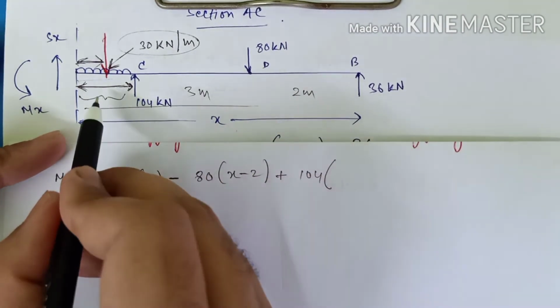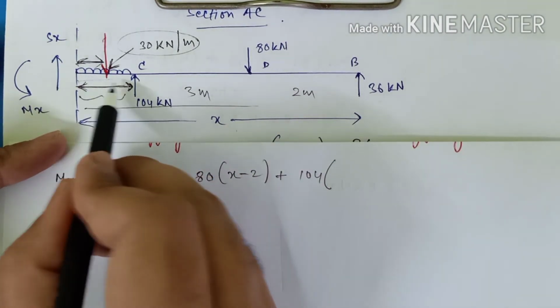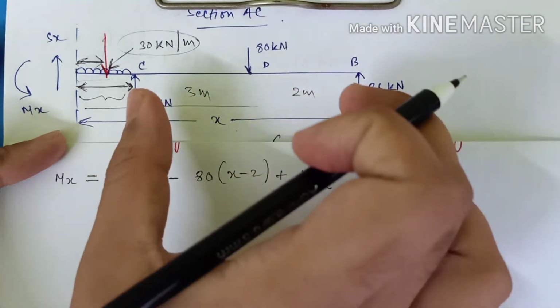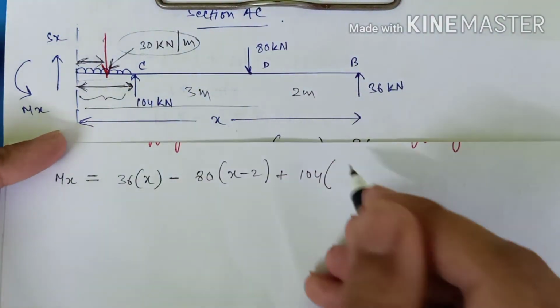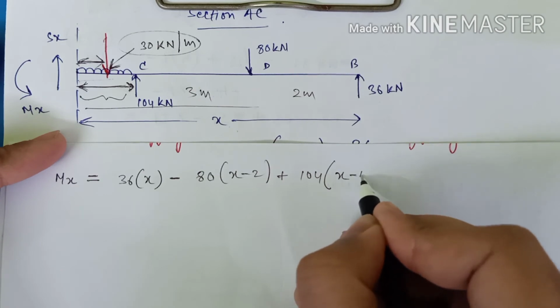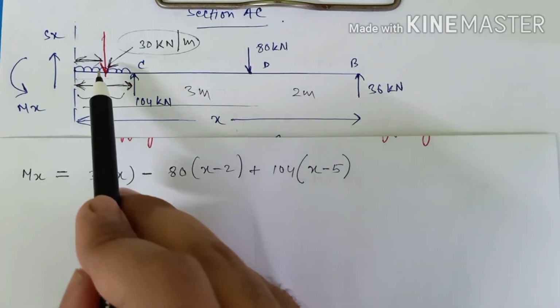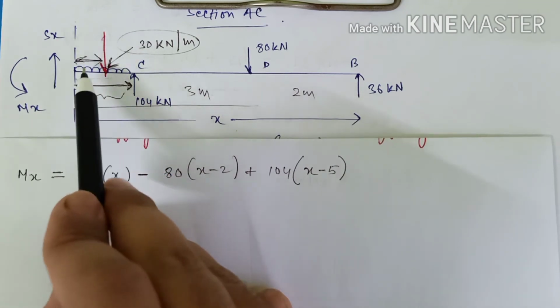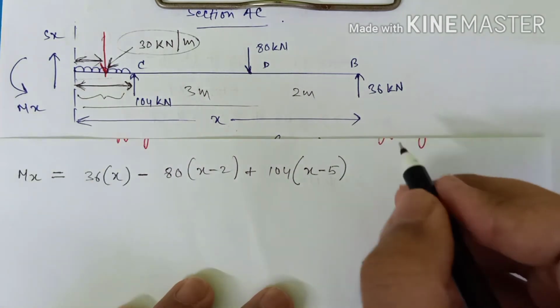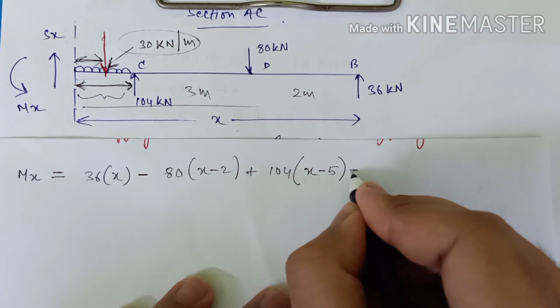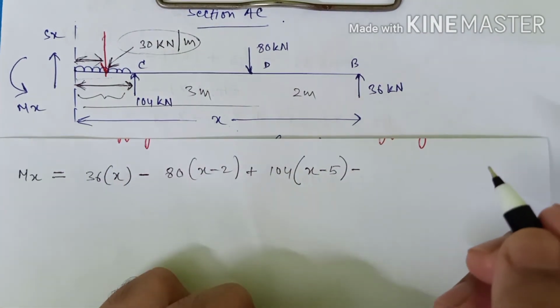104 multiplied with this distance. What is this distance? Total is x minus this much, that is 5, so x minus 5. And finally guys, we have this force, which will try to hog the beam again, so it will be minus, right?